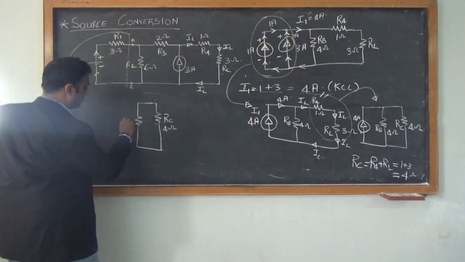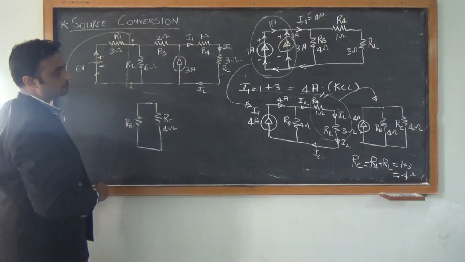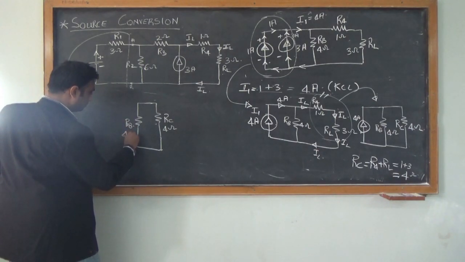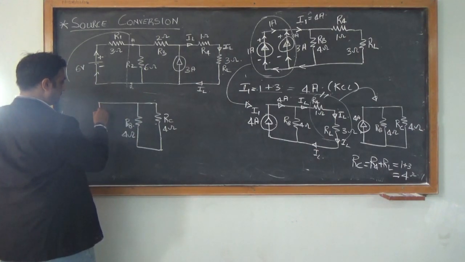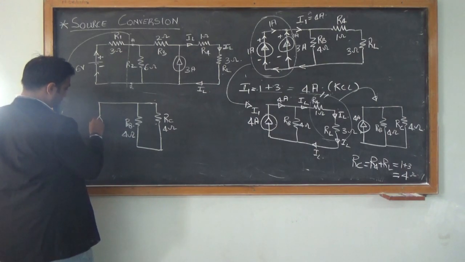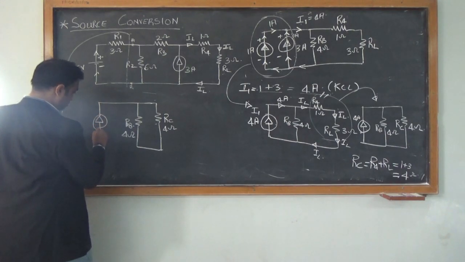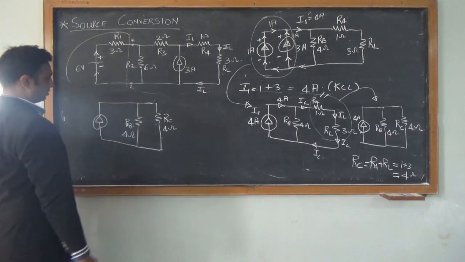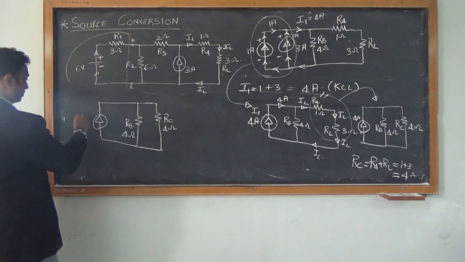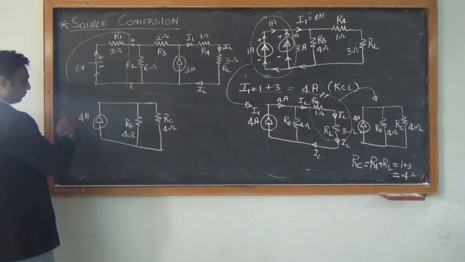I have my RB, which is also equal to 4 ohms, and I have my current source, which is equal to 4 amps.